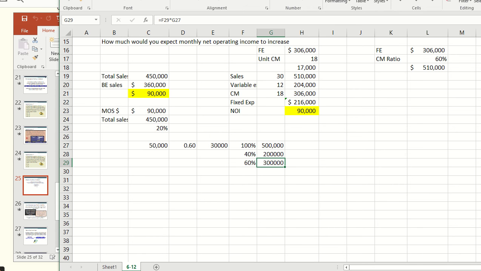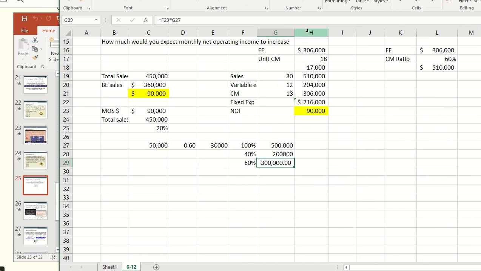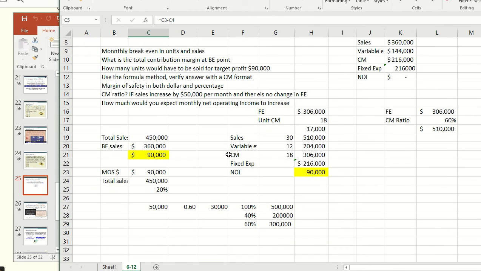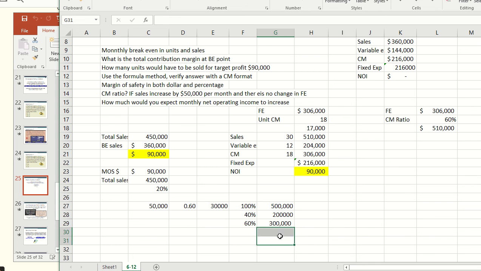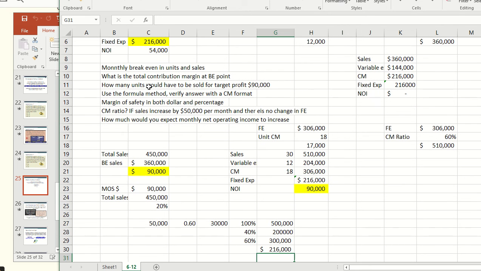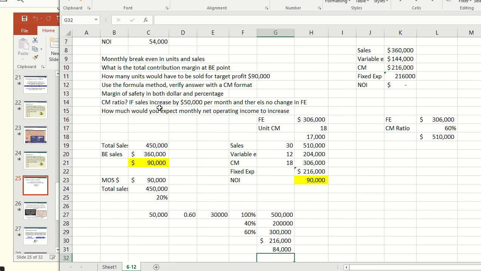And so we would increase our contribution margin by 30,000 because it was normally 270. It goes up to 300,000 if we have the same fixed expenses. Our net operating income would increase to 84,000, so increase by a full 30,000 there.